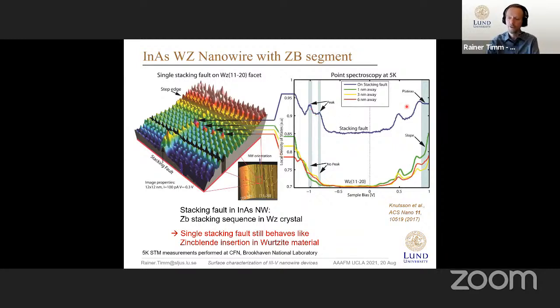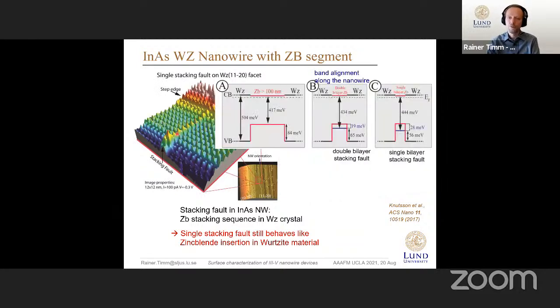So we can see a transition in the electronic properties from Wurtzite to zinc blende, even in the sub-nanometer regime. And since we have such a small structure, we even see quantization effects, as we see an apparently larger band gap if we have only a single stacking fault, due to quantum confinement in the valence band in this case.